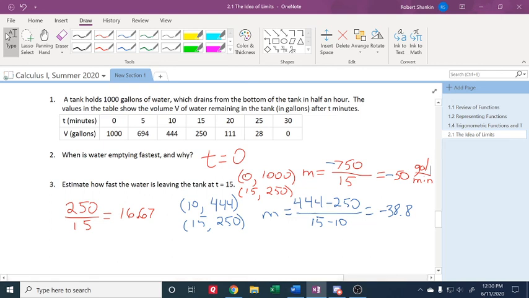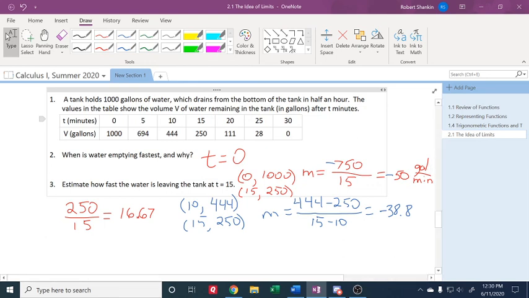I would say the negative 38.8, because that slope is more representative of that instance in time. It's a closer interval. If we did the slope between just the first two points, it would be what? About 300 gallons disappeared in 5 minutes. 300 divided by 5 is about 60.